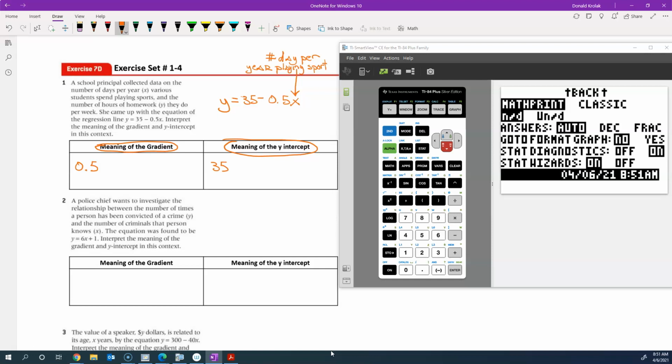All right, so the y is equal to the number of hours of homework they do per week. So this is number of hours of homework per week.